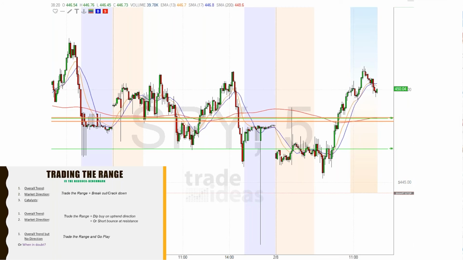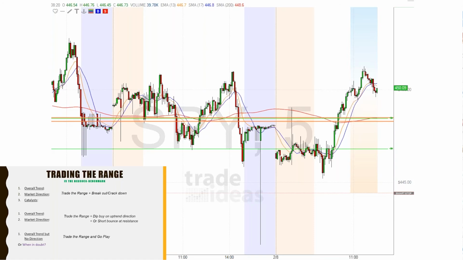The SPY here, 446 to 448, that is our range. Above 448, at 449, 450, it's every dollar above the range, and below, 446, 445. When you see a dollar move here, this is the buffer zone. Sometimes it goes down like that and then reverses course and comes back.